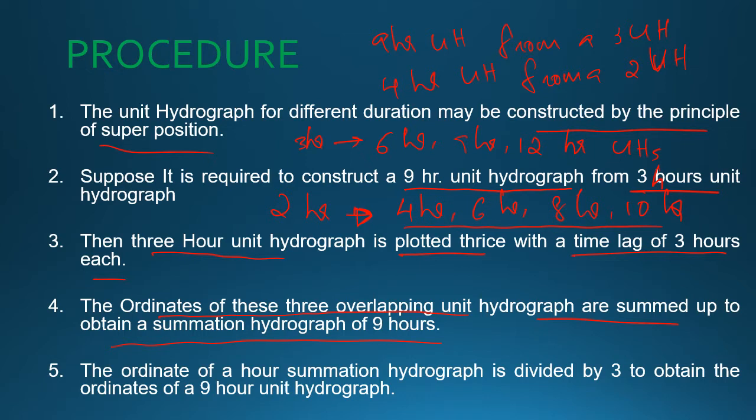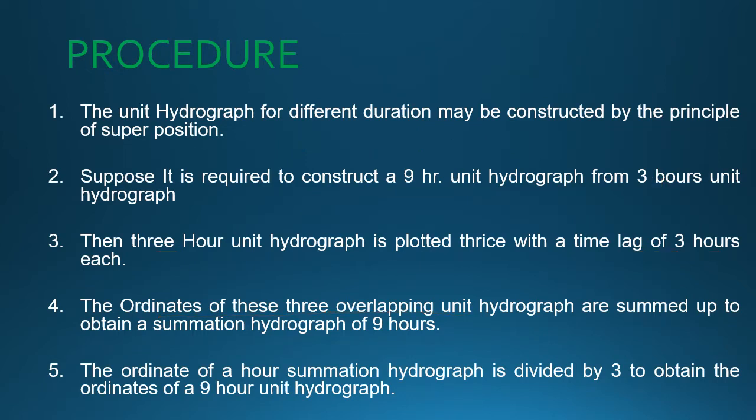First, let's say this is the 3-hour unit hydrograph given. Now, we will be lagging it by 3 hours each, such that a 9-hour summation hydrograph is obtained. That is, we need to find a 9-hour from a 3-hour.